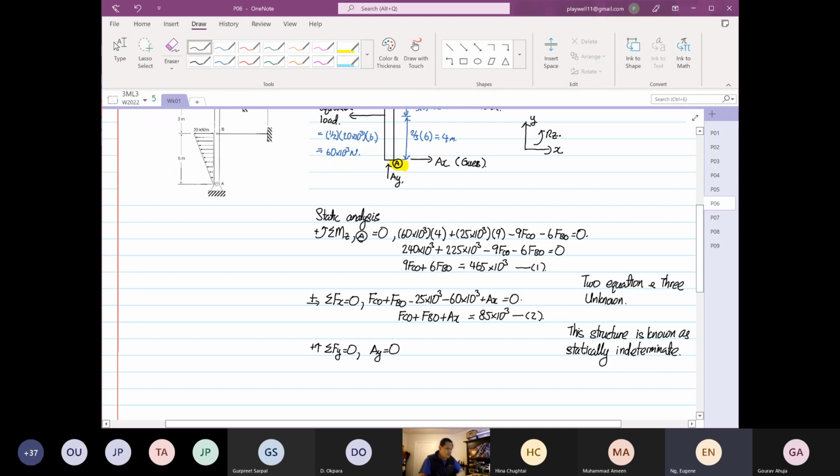Right? So the structure is statically indeterminate.